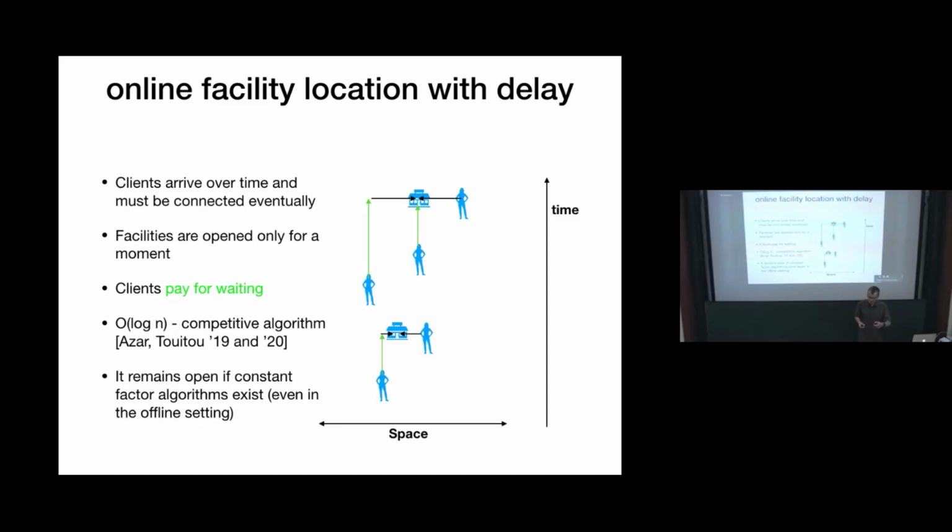Perhaps the simplest model, and the one that we will be studying, is that you pay waiting cost linear in the time. In this setting, the offline constant factor is known. But in other versions, where, for example, clients come with a deadline, it's open even in the offline setting. This is not much studied, and there are nice open questions also in the offline setting.